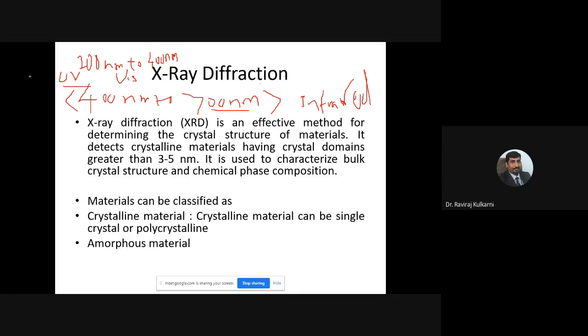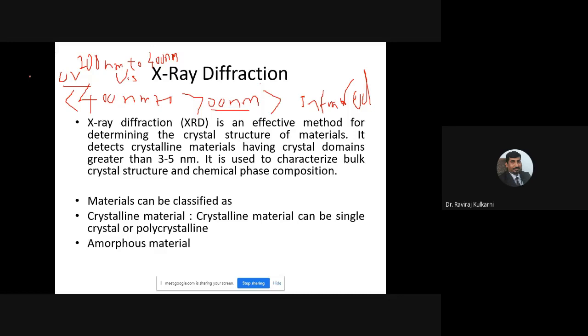X-ray diffraction is an effective method for determining the crystal structure of materials. It detects crystalline materials having crystal domains greater than 3 to 5 nanometers. It is used to characterize bulk crystal structure and chemical phase composition.